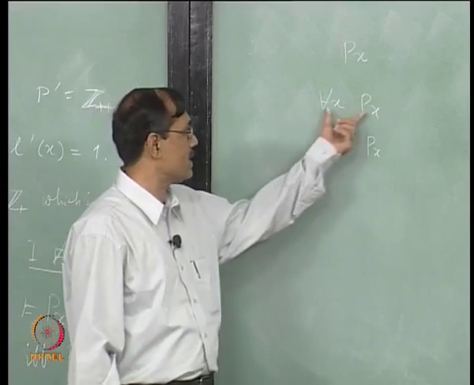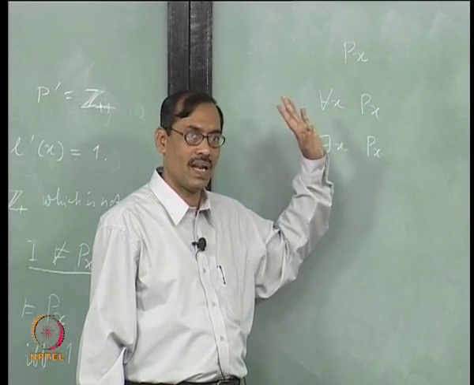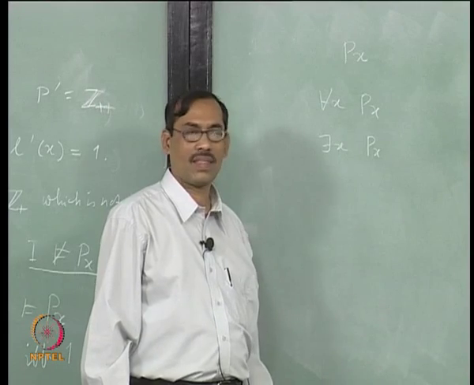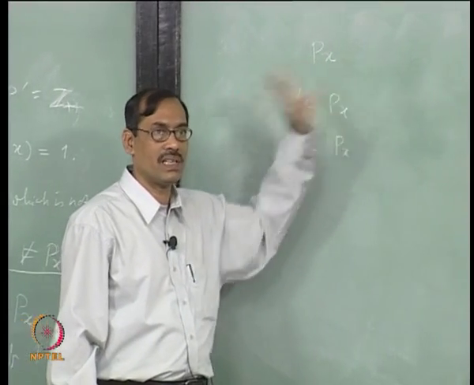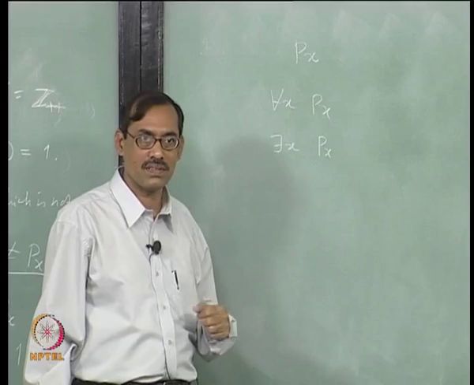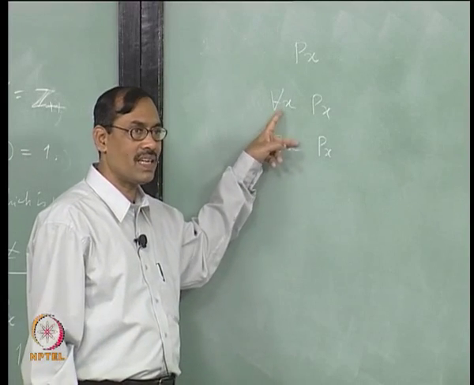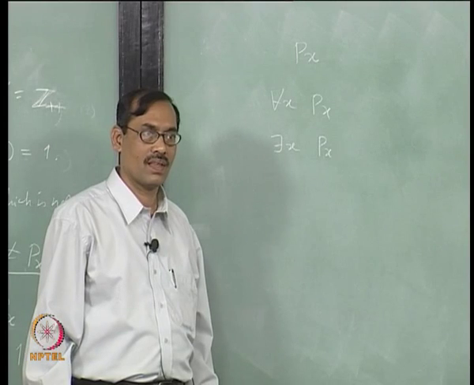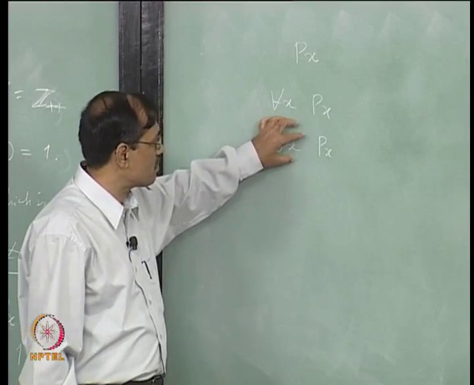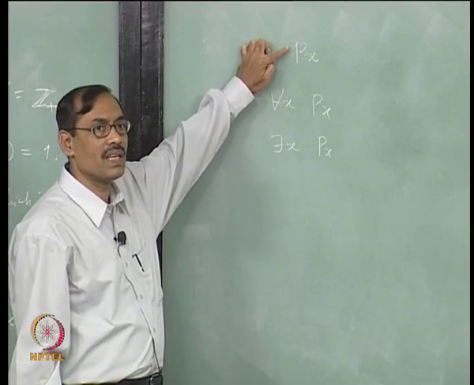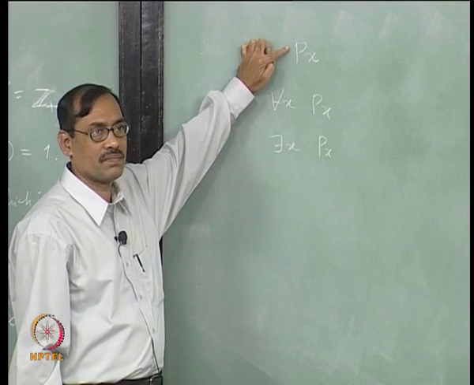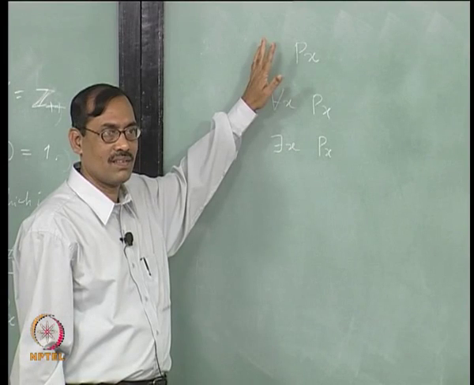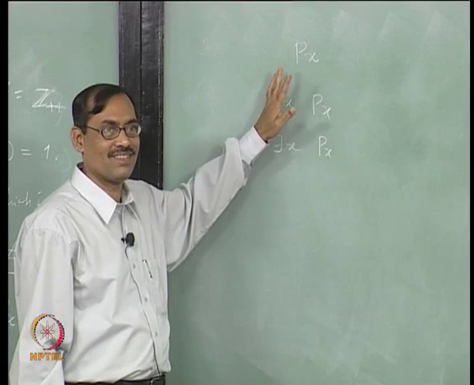This I can interpret in any domain I like, this also I can interpret as a sentence, but this is not a sentence, it cannot be interpreted as a sentence. So, I do not know the truth of it, but these two I can interpret, I know whether they are true or false in any domain given, fine. Now, from the truth of this, can I conclude something about the truth of P x? Well, up to some extent we can conclude. This is what we will discuss next time.